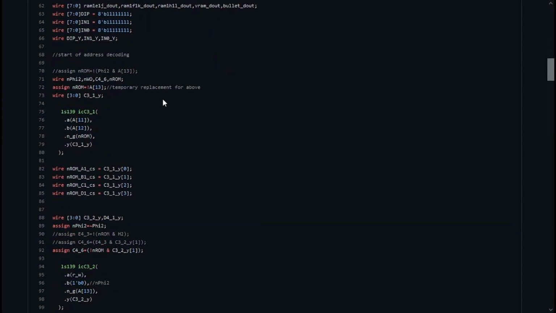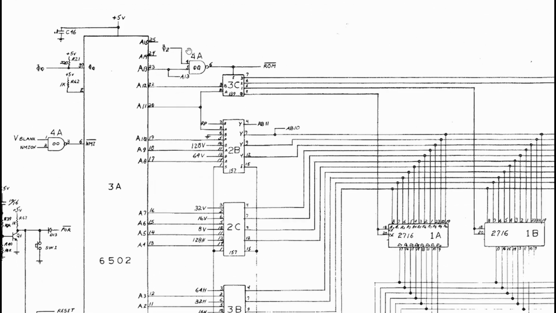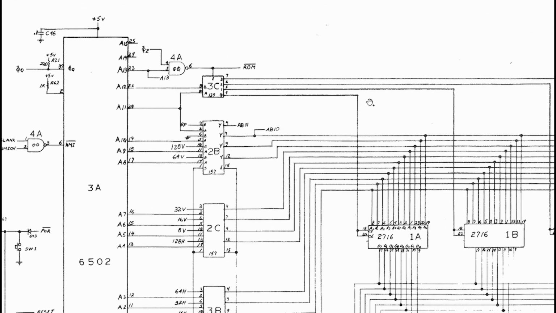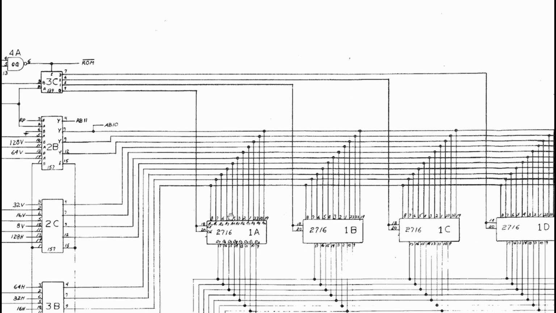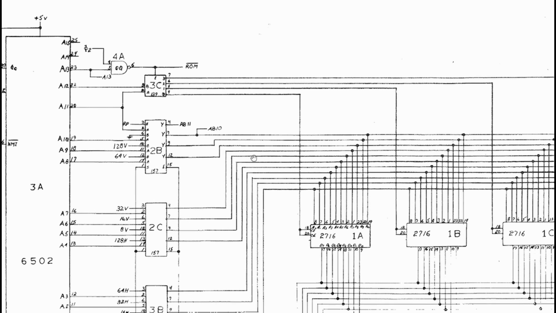Underneath there we've got the beginning of our address decoding. If we pull up the schematic again, up here is the first part of the address decoding. Choosing the ROM, remember we've got 4 ROM enables and we need to choose those based on A13, A12 and A11.